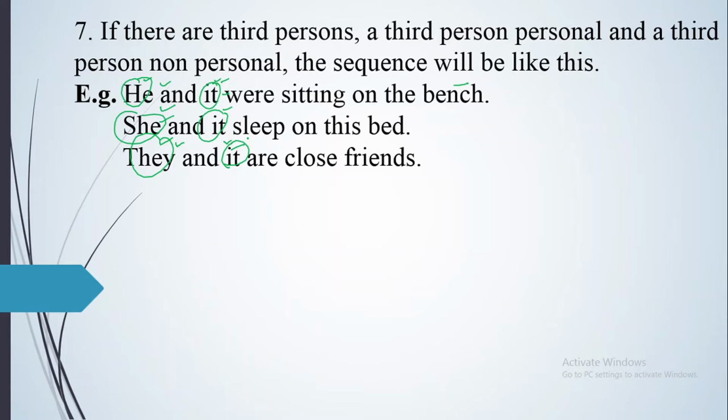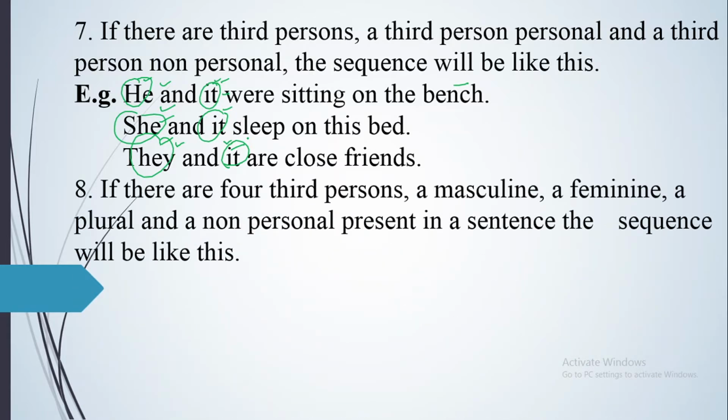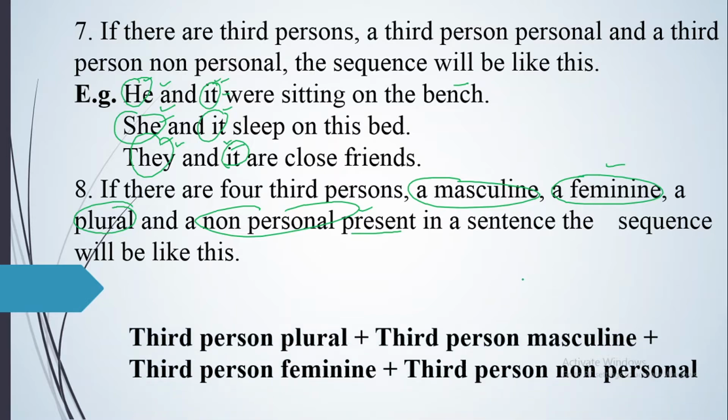Rule number 8, we have got: if there are 4 third persons, a masculine, feminine, plural and non-personal, like he, she, it and they, what is your sequence? So if you've got the third person masculine like he, third person feminine like she, third person plural like they, and the non-personal pronoun it, when they all are present together, what is your sequence in the sentence?